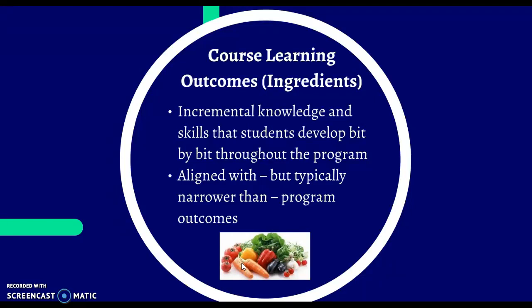I know, it's a corny analogy, but I think one that is easy to grasp. Course learning outcomes are incremental knowledge and skills that students develop bit by bit throughout the program. Course learning outcomes are aligned with, but typically narrower than, program outcomes.